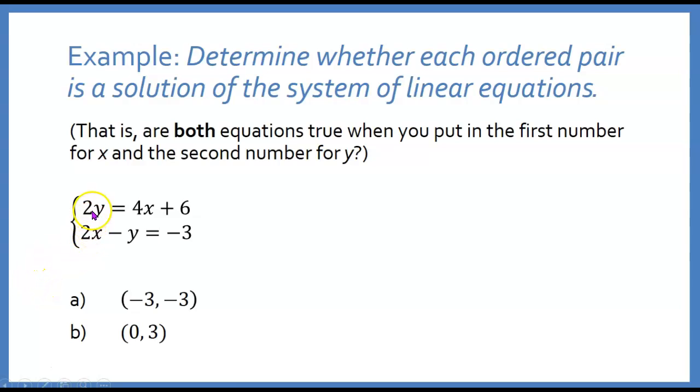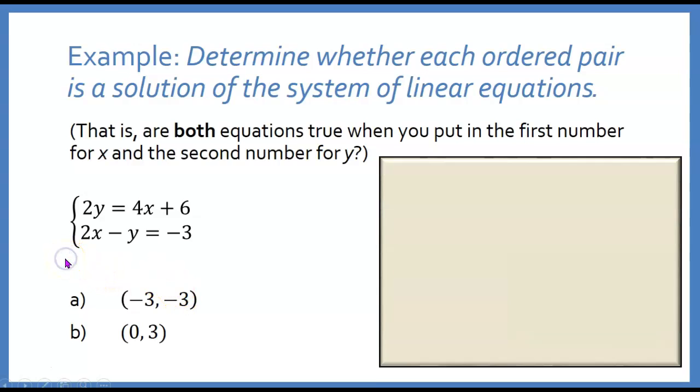So here we have this system of 2 equations, and first we're going to check and see if negative 3, negative 3 is a solution to the system. So let's go through and try plugging in negative 3 for x and negative 3 for y in both equations and see whether they both work or not.